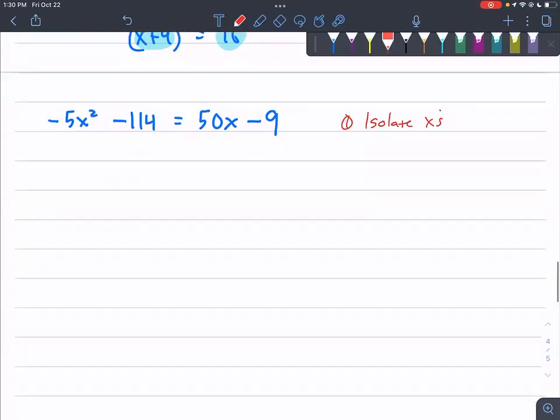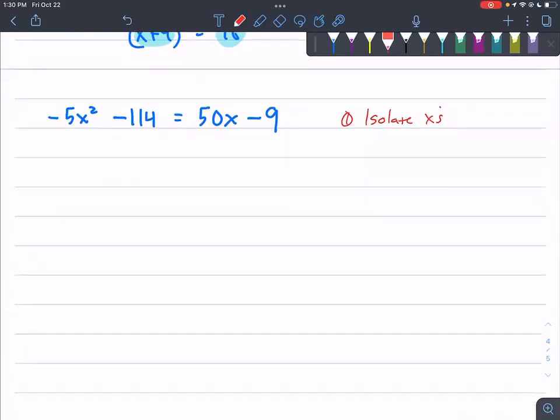Isolate the x's. Here we could do 2 steps at once because we need to move the 50x to the left.